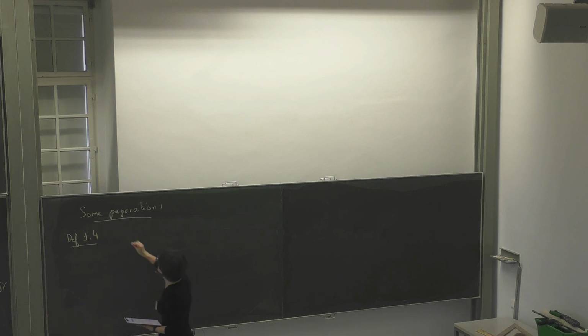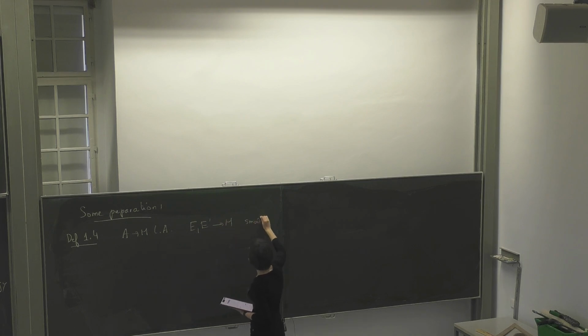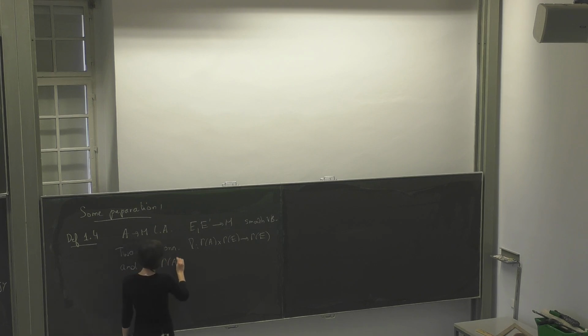So if A over M is a Lie algebroid, and you have two smooth vector bundles over the same base, then two A connections, nabla on E and nabla prime on E prime, are called gauge equivalent.